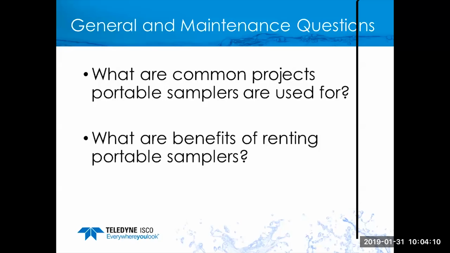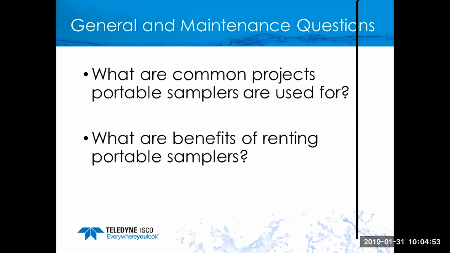Other applications that would be suitable for the usage of portable samplers would be industrial pretreatment monitoring, where you may move from one location to the next on a regular schedule to periodically sample and determine what is being discharged into a collection system. They may involve the use of process monitoring where, for example, in a treatment plant, you're taking a portable sampler and moving it through various stages of the process of treating the wastewater to discern and identify the progress or the adequacy of the treatment process to ensure there's no problems that need to be taken care of.